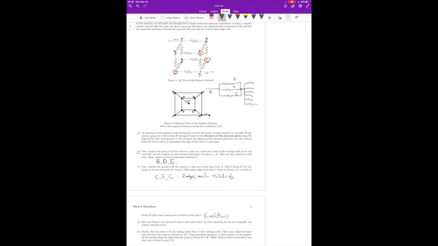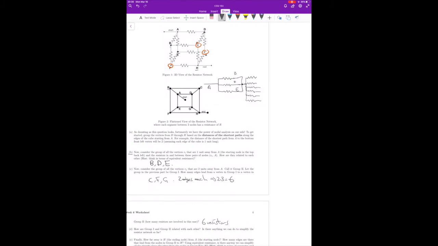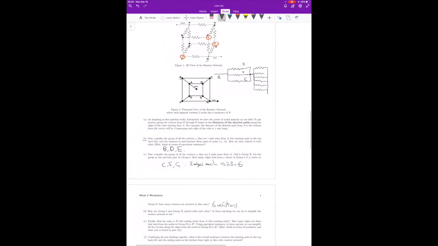I use the same kind of inference to conclude that they were in parallel, because we know that B, D, and E are in parallel, and we know that the node voltage at C, G, and F is the same, because using the symmetry of this Rubik's Cube, B, D, and E are at the same node voltage since they're all 1 distance away from A. So we could use the fact that C, G, and F are 2 distance away, or we can also use the fact that they're 1 distance away from H, which is the opposite corner of A. If you just turn this cube around, we'd get the same cube. So these are going to be in parallel.